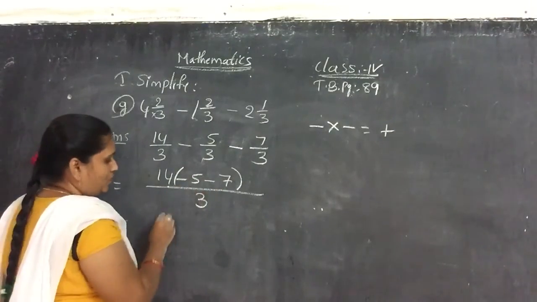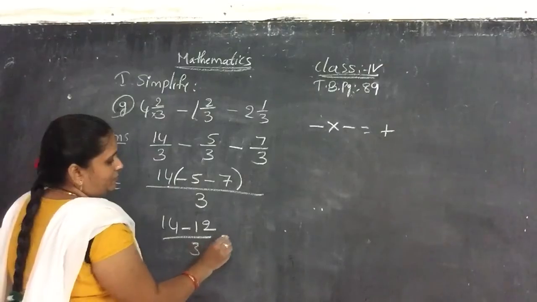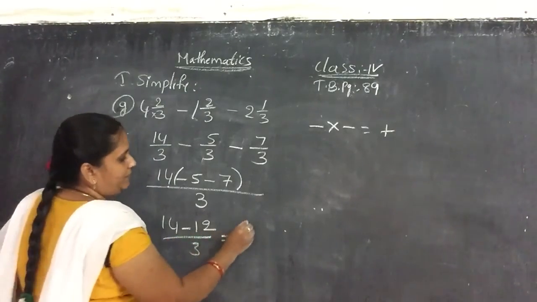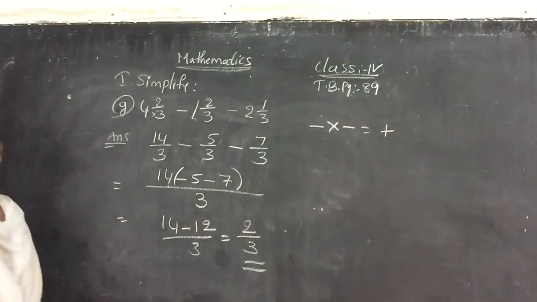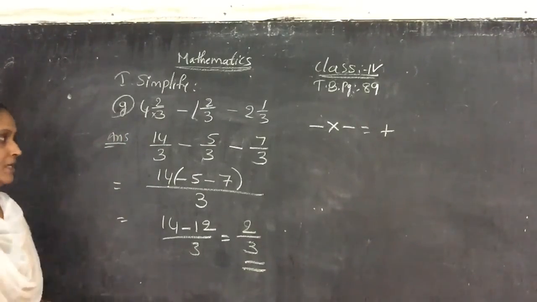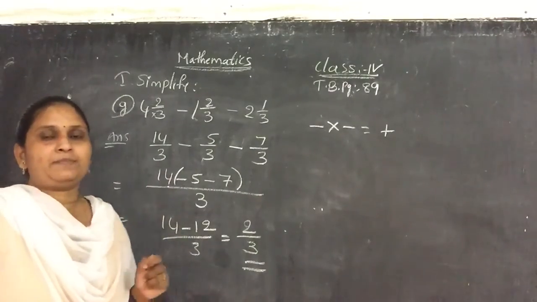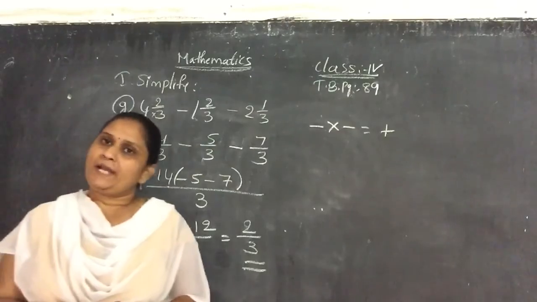If you add these two, 14 minus 12 by 3. From 14 if you subtract 12, you will be getting 2 by 3. This is the answer. Okay, so based on this example, based on this concept, you have to complete the remaining sums. By this section, we completed the 9th chapter, children.